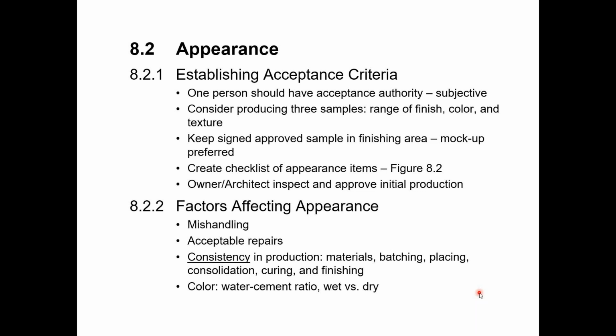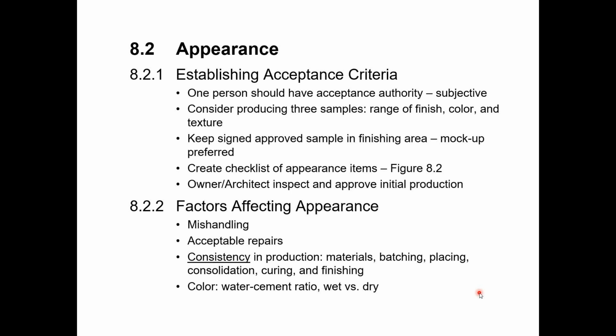And it is very important to make sure that there are practices in place to ensure that a consistent aesthetic is produced throughout the duration of that project. So one person should have acceptance authority, because everybody's opinion is subjective.